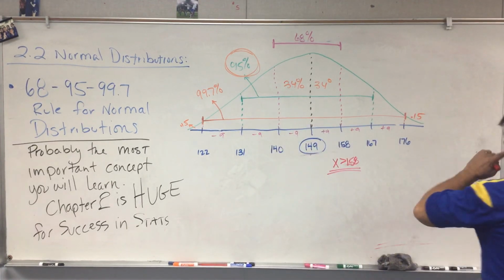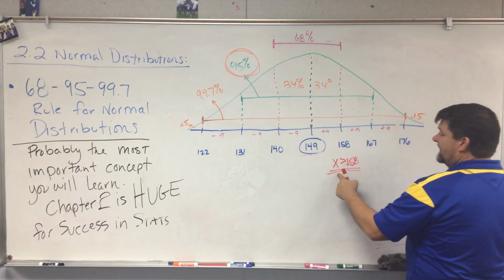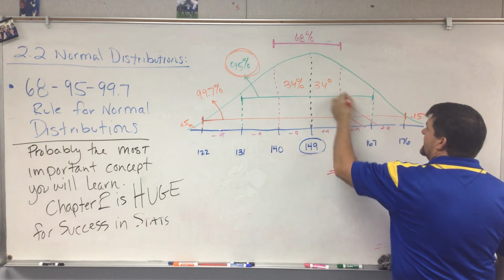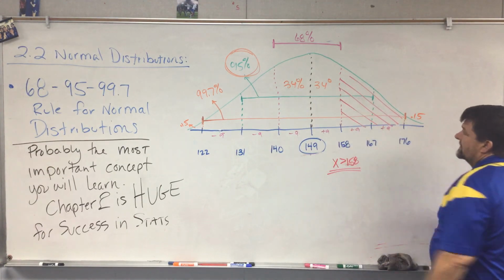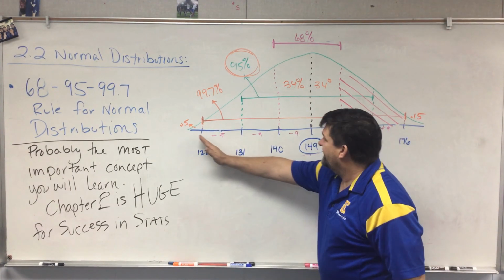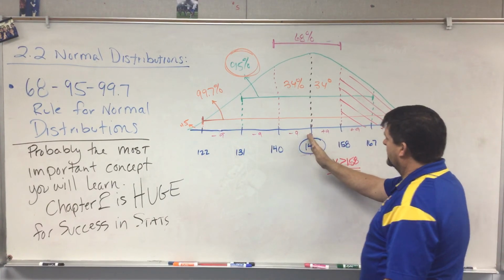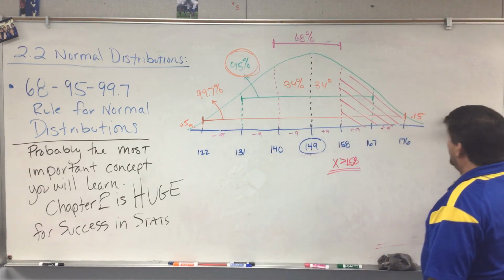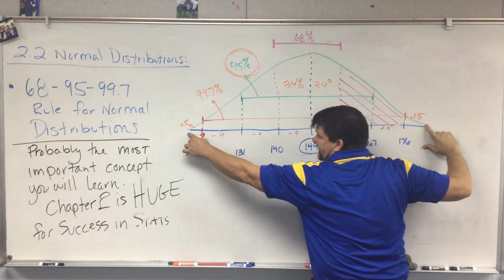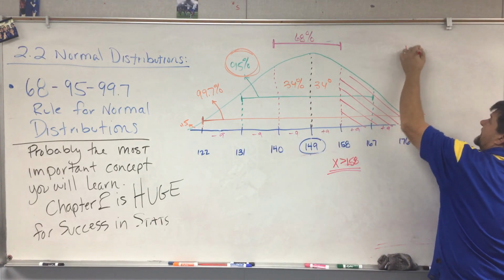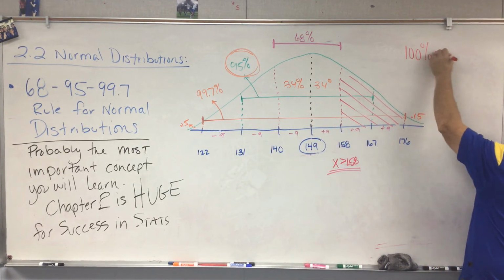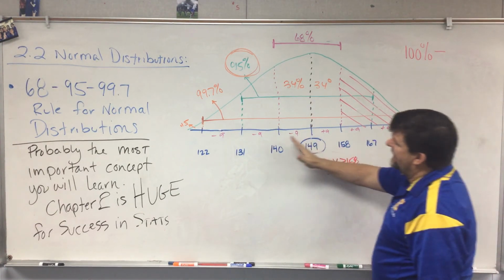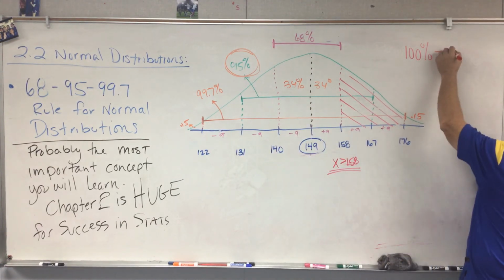Thanks. So if you take 158 centimeters and I want everything to the right, I'm just going to shade in everything to the right. Let me backtrack here. This whole thing is 100%, so out to here and out to here is 100%. We're always starting with 100%. I want everything to the right of this. Half of it has to be 50, so I take off half of it.